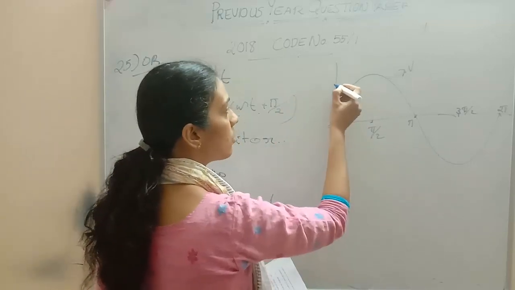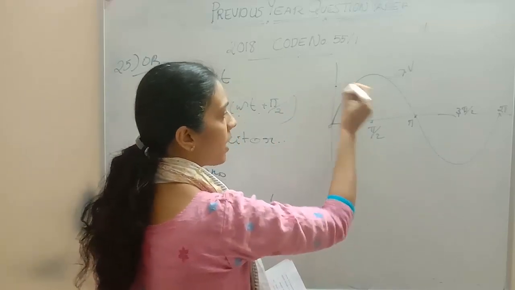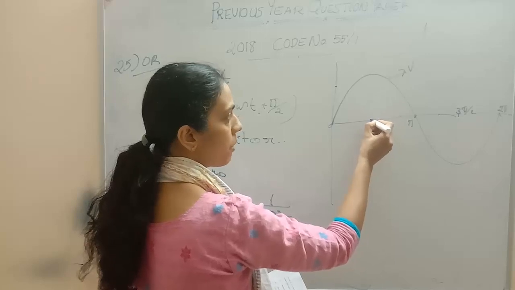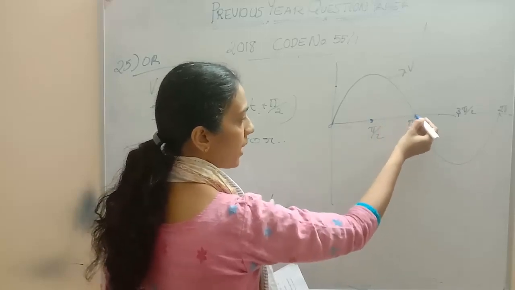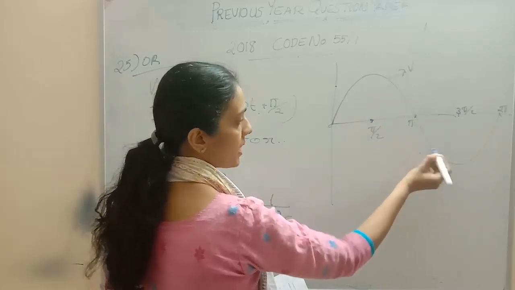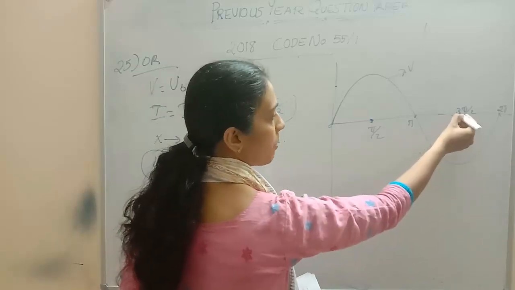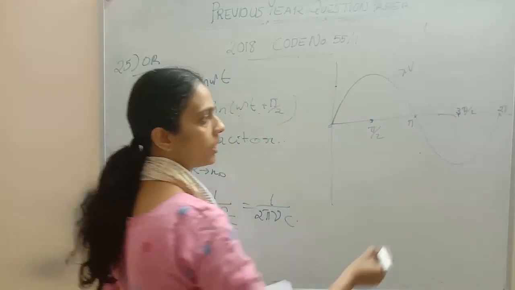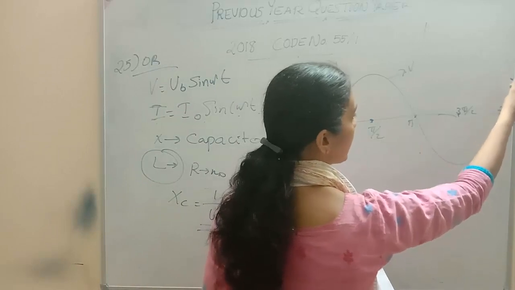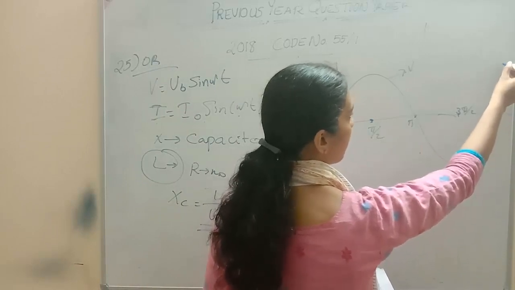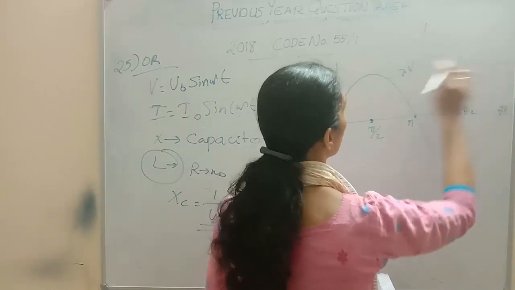At 0 it will have the maximum value, at 90 degrees it will be the minimum value, at 180 it will have the maximum negative value, at 3 pi by 2 it will be 0, and at 2 pi it will again be the maximum value.